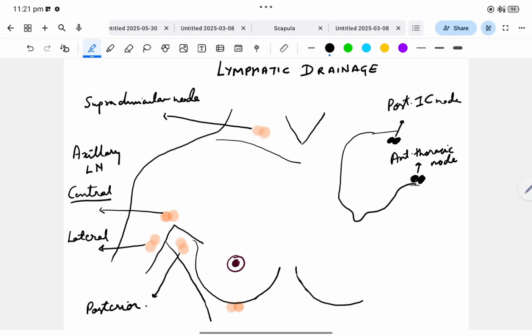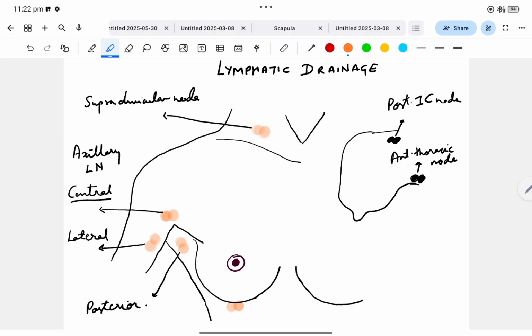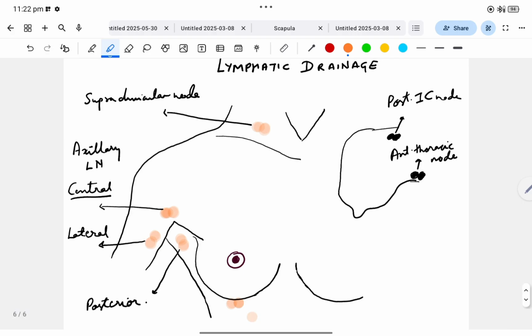And two more are present, that is subdiaphragmatic and subperitoneal lymph node. So subdiaphragmatic will lie somewhere here. So this is the diaphragm. So it lies subdiaphragmatic here, and the subperitoneal lymph node plexus lies somewhere here.